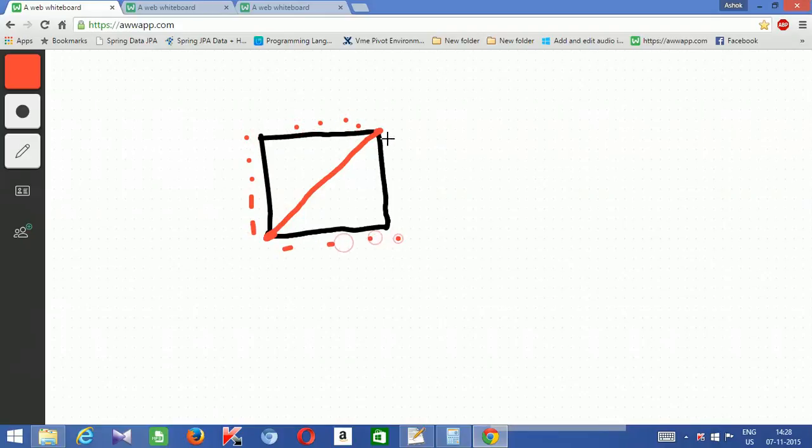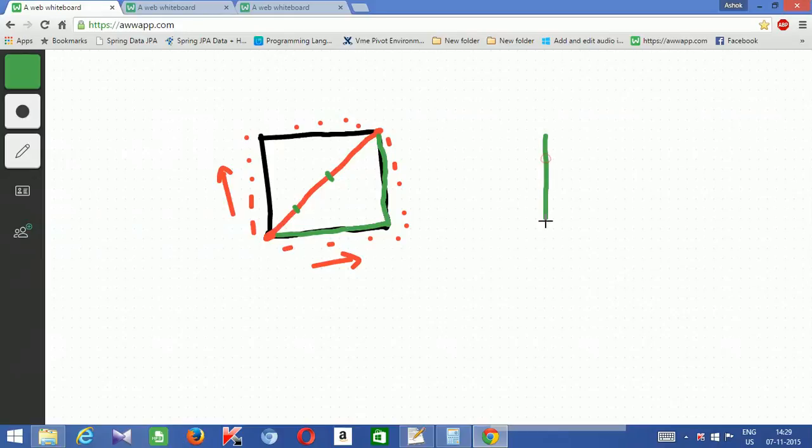Since it's a square, going in this direction or this direction, both are the same amount of distance. But obviously this will be the shortest distance. So the question is, what percentage of distance is saved by walking in this path rather than going along the edges? These are the edges. Rather than going along the edges, he walked like this. So how much distance is saved by this path?